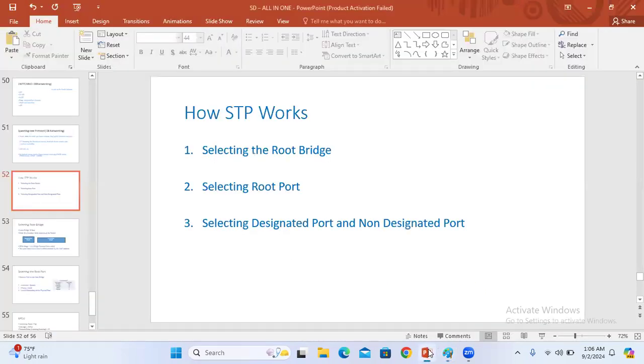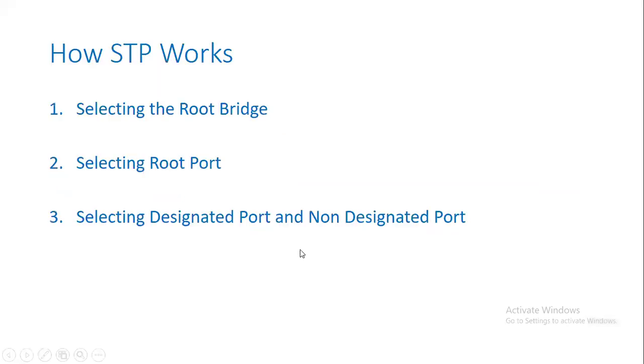Now, what is our point here? How does the election happen for selecting the root bridge, root port, and designated port? The root bridge depends totally on the election. Then, how is the root port selected? Once we select the root bridge, the root port comes under the shorter path.